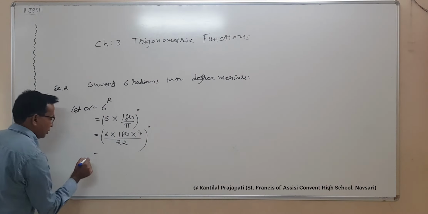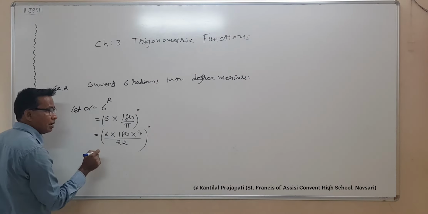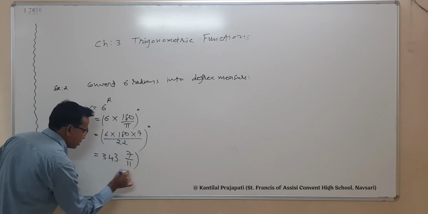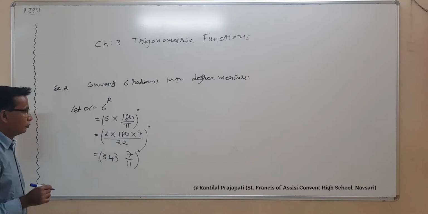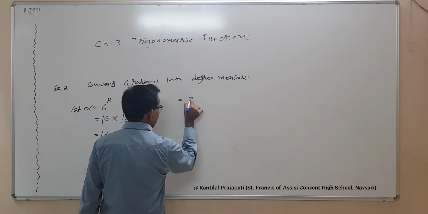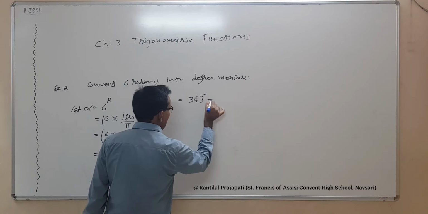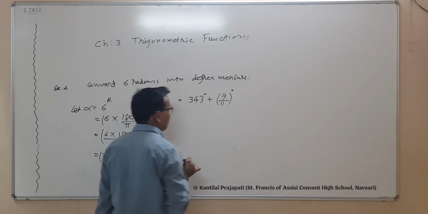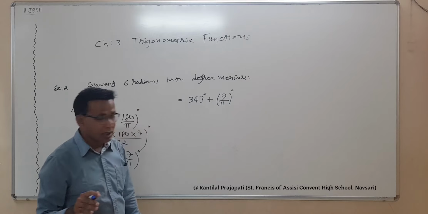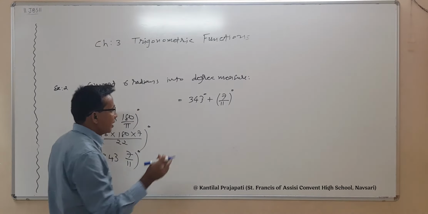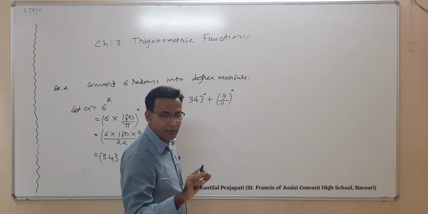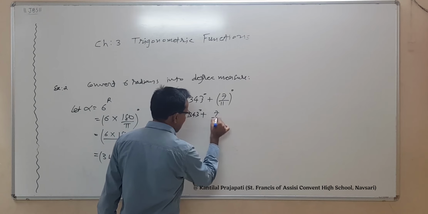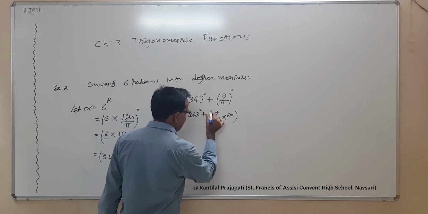The simplification of this number is 343 and 7 by 11 degree. So we write this as 343 degree, and we separate this, plus 7 by 11 degree. This rational number we convert into minute now. 1 degree is equal to 60 minutes. Then 7 by 11 degree gives 343 degree plus 7 by 11 into 60 minutes.